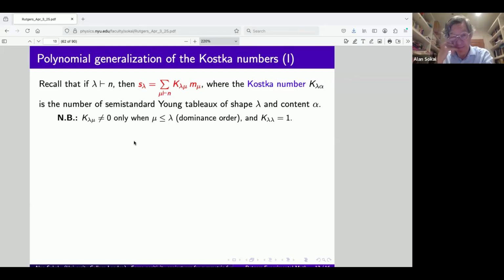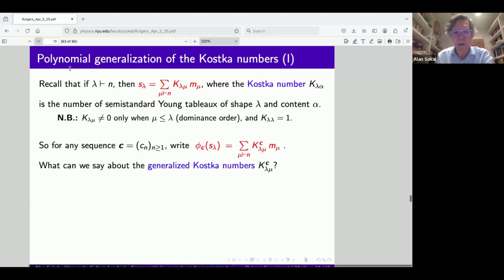And remember that in particular, they will be non-zero only when mu is lower than lambda in the dominance order for partitions, and also the diagonal coefficients of this matrix are 1.